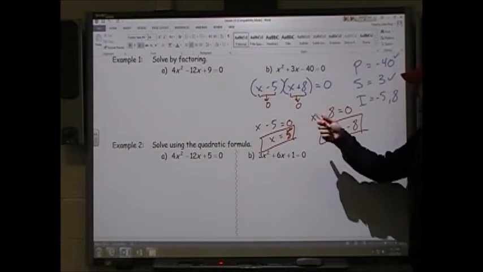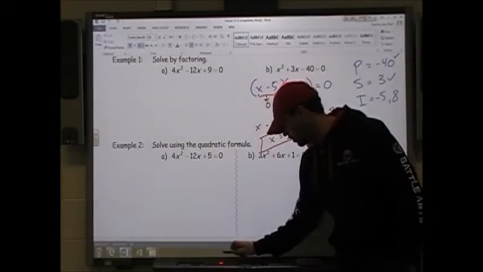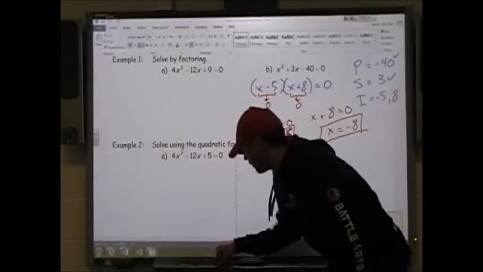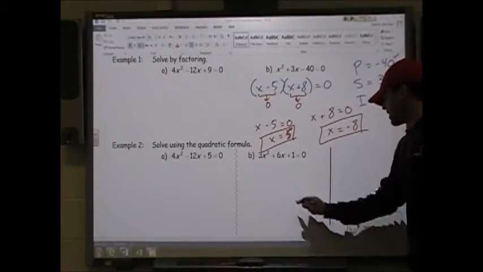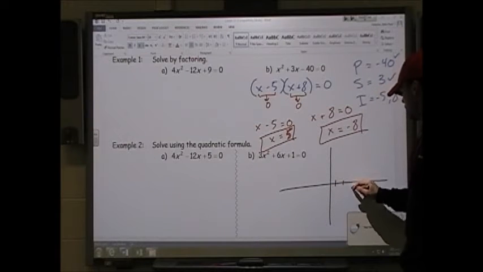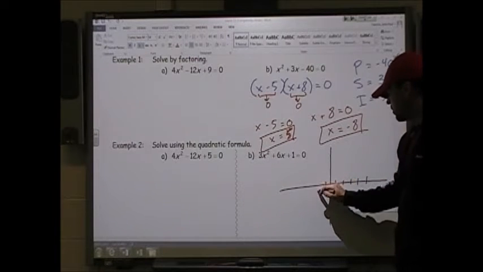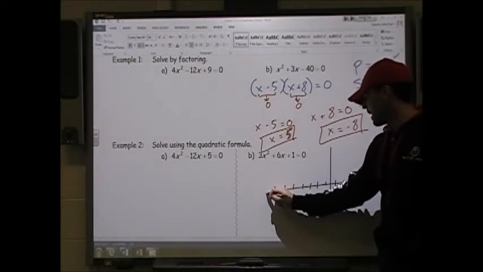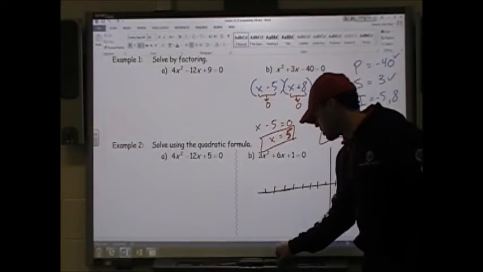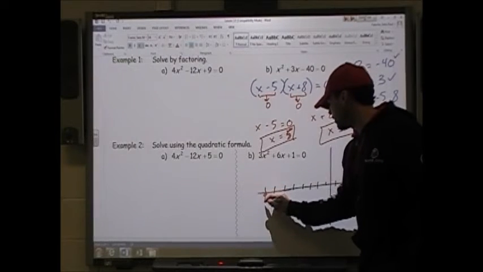So it crosses at 5 and it crosses at negative 8. If you gave yourself a little picture, if you were to draw this for yourself very quickly, what this is saying is that one of my x-intercepts is at 5, and the other is at negative 8. I can figure out what this looks like, because here is my one x-intercept of negative 8.